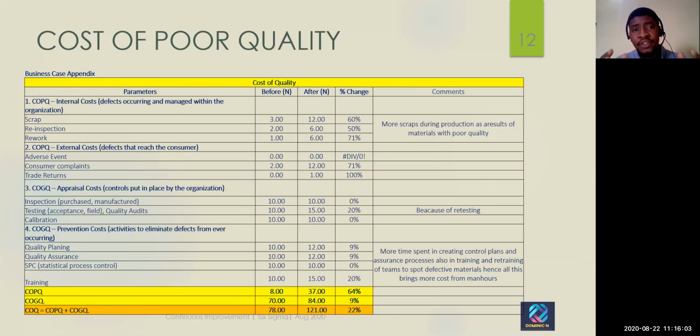So you could actually use your cost of poor quality to identify what to measure. If you see here, it's already obvious that the material we're using is where our challenge is coming from, is where we need to measure. So the cost of poor quality or the cost of quality is a very good tool to help us identify what to measure in this instance.